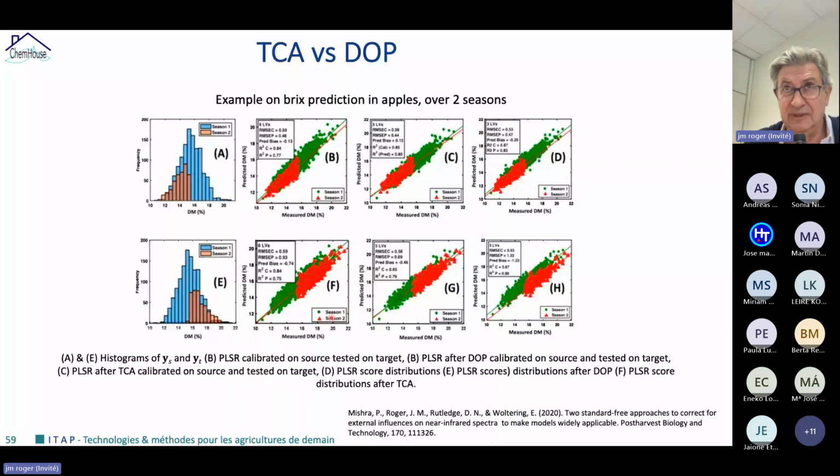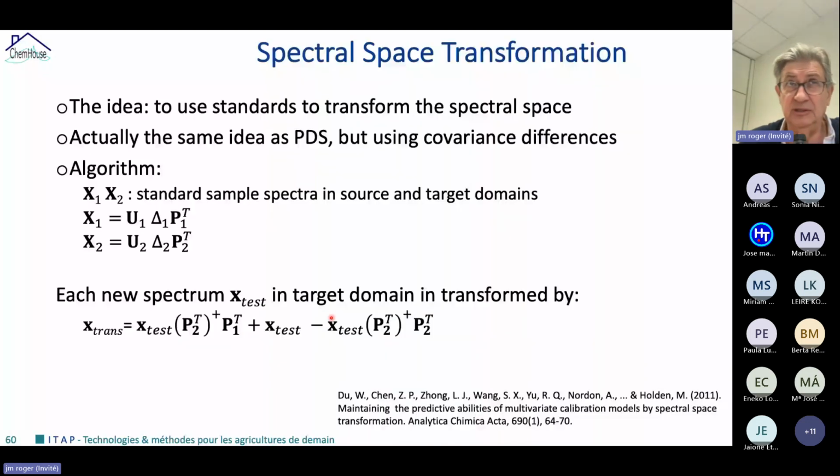Another method is spectral space transformation, SST, and the idea is to use standards to transform the spectral space. It is the same idea as PDS, but using covariance differences. You remember in PDS, we use the two standard sets in order to compute a function which transforms the spectra from source to target or from target to source, explicitly.